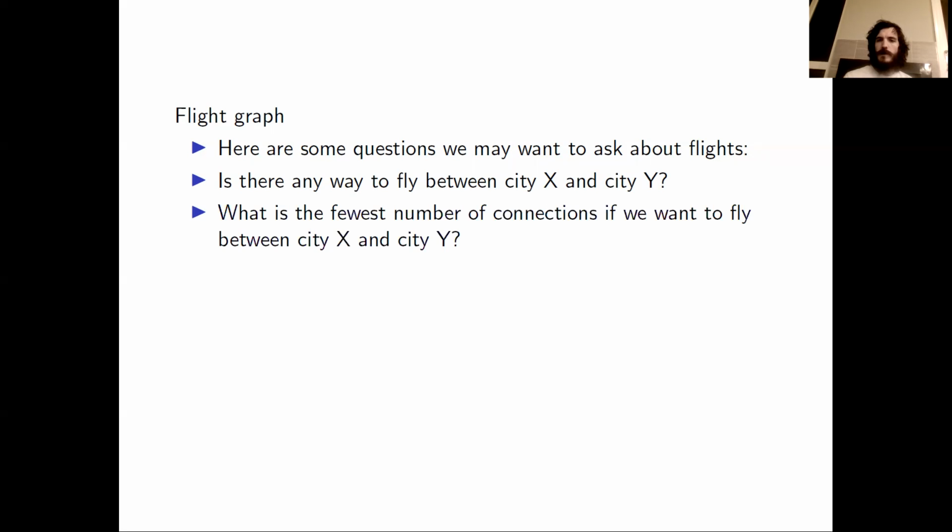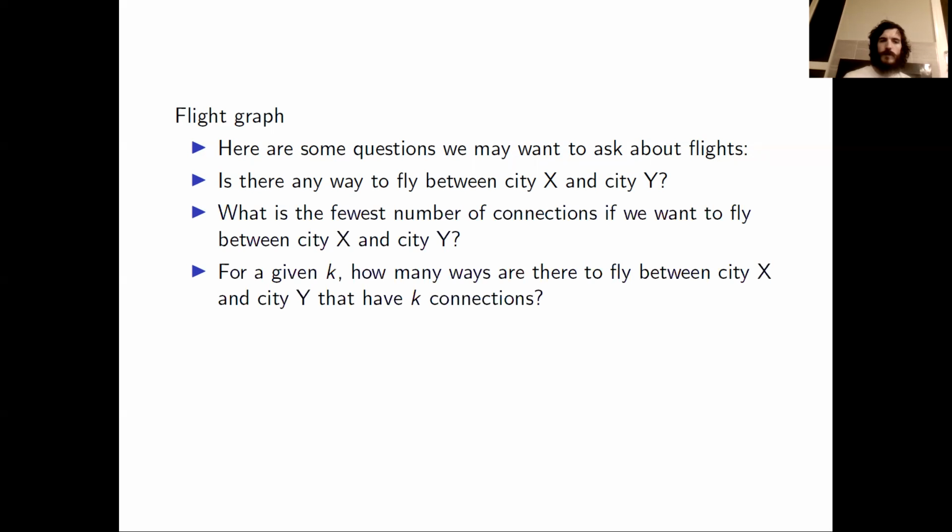If there is a way to fly between city X and city Y, what is the fewest number of connections to fly between those cities? For some given integer k, how many ways are there to fly between city X and city Y that have k connections? And if we look at the whole graph with all of the cities, is the graph connected by flights, or are there multiple connected components in the graph?